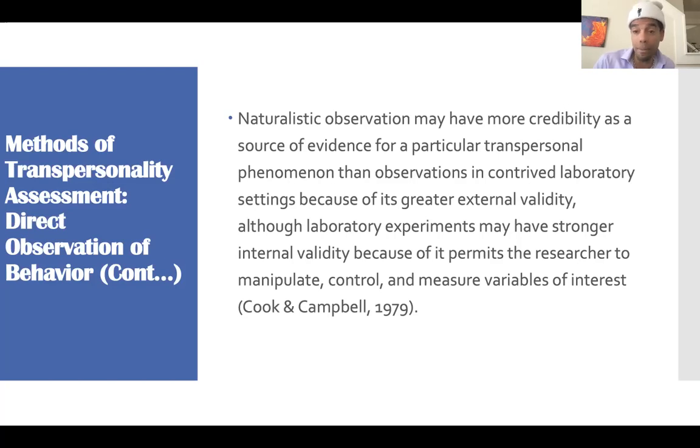Evidence is not required to be able to engage with your client around transpersonal phenomenon because you are engaged in clinical psychology, not necessarily research psychology, and because of that, this therapeutic aspect of things is relevant.